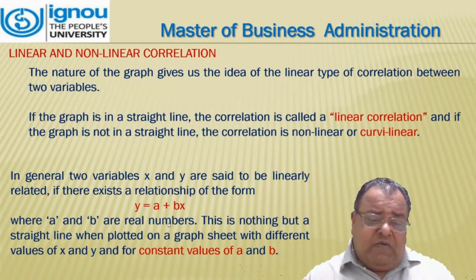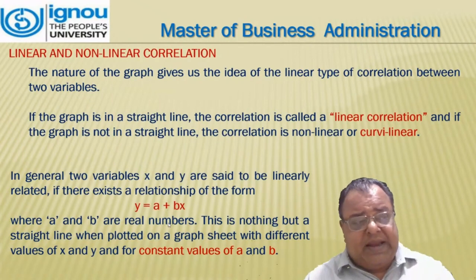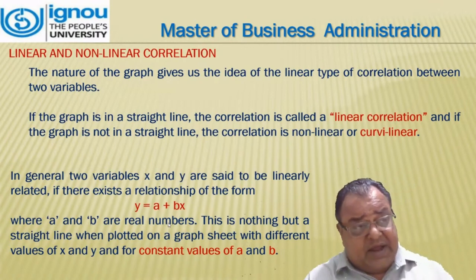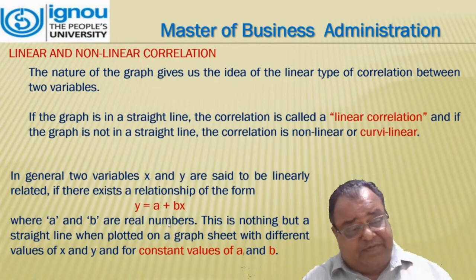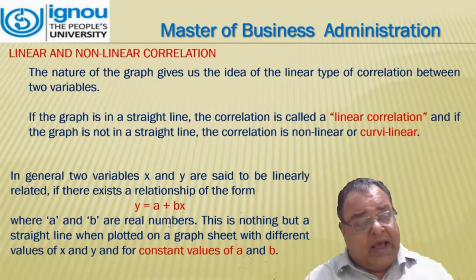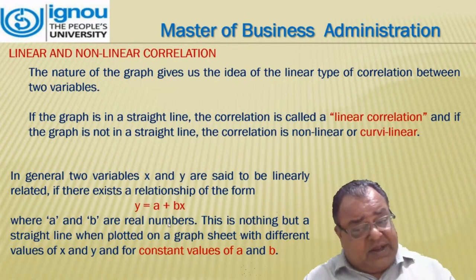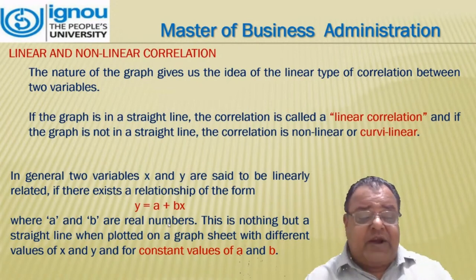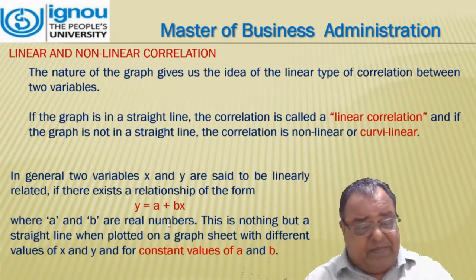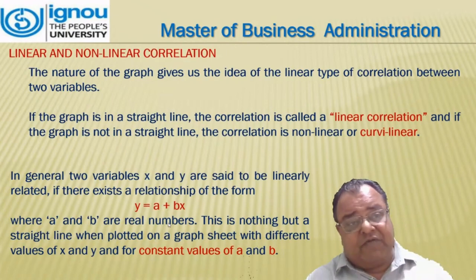In general, two variables x and y are said to be linearly related if there exists a relationship in the form y = a + bx, where a and b are real numbers. This is nothing but a straight line when plotted on a graph with different values of x and y, and for constant values of a and b.